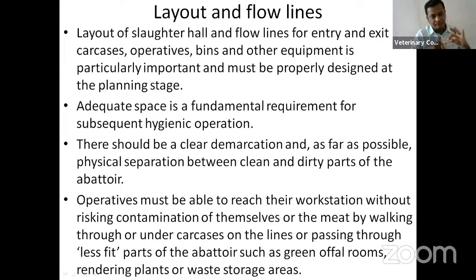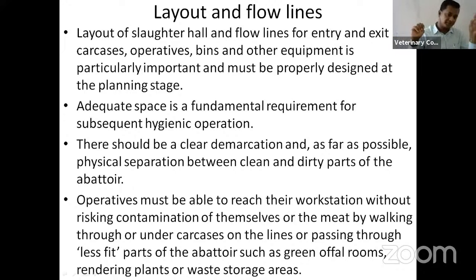From this step to the end of evisceration, they call it unclean operations because the viscera is unclean. That is why it has to be processed properly, and carcass contamination should not occur due to enteric contamination. Afterwards, once the carcass goes to chilling and further steps, there are clean operations, where there is portioning, making wholesale or retail cuts, and further processing leading to value-added products.